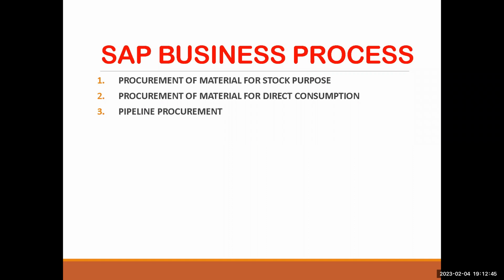But normally, every time you will not have to go there and purchase or provide a purchase order. Your supplier will directly supply the material or the service to your campus or your premises.